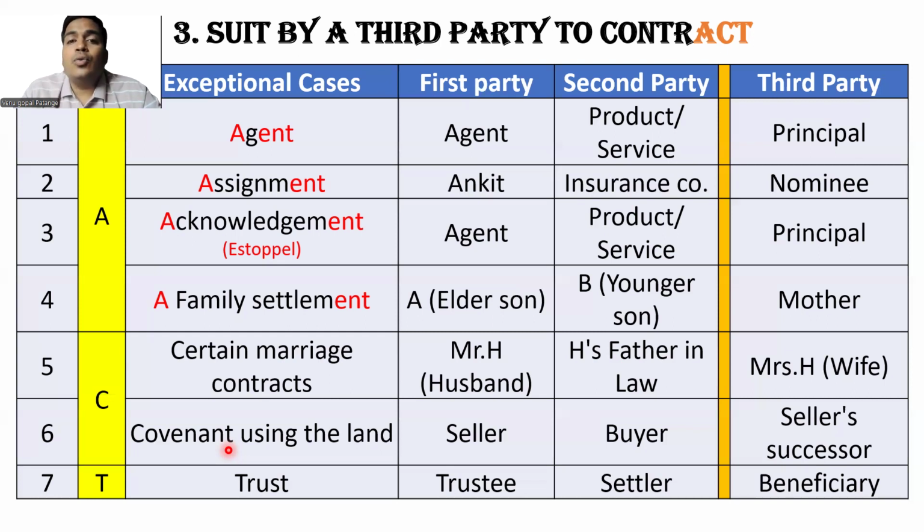The seller made a condition to the buyer that he will never construct any industry on that 1 acre, because the buyer wants to continue farming on the other acre.